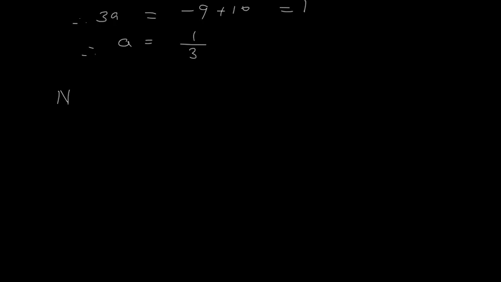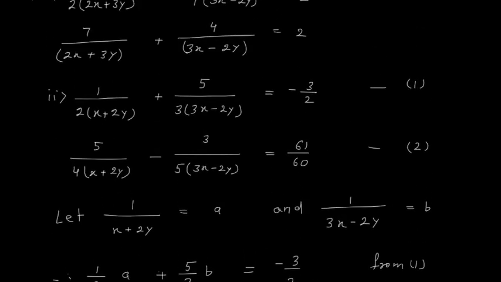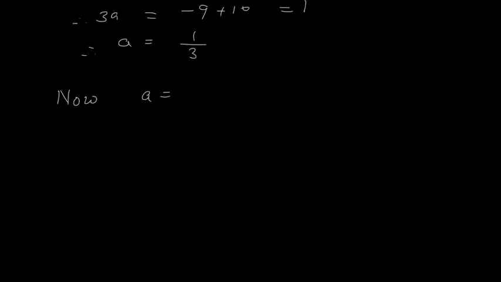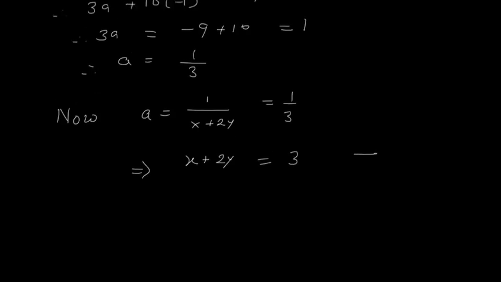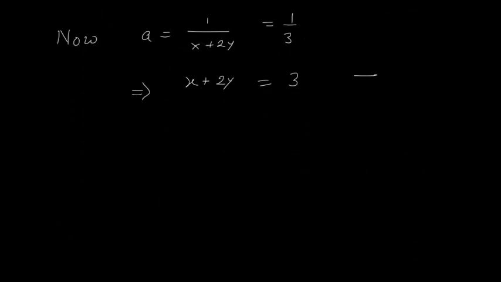Now, a is what we assumed in the beginning, a is equal to 1 upon x plus 2y. So 1 upon x plus 2y is equal to 1 upon 3. So this gives me x plus 2y is equal to 3. Already equation 5 we have used, so consider that as equation 6.